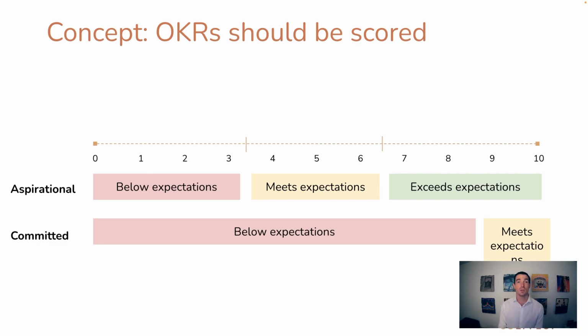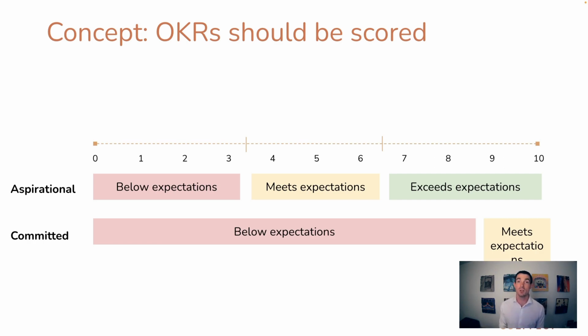For an aspirational OKR, these stretch goals, a 10 is definitely exceeding your expectation. And realistically, a 7 out of 10 is still probably exceeding your expectation. 4, 5, or 6 out of 10 is meeting your expectation, and 3 or lower is typically below what you were expecting. Contrast that with a committed OKR.